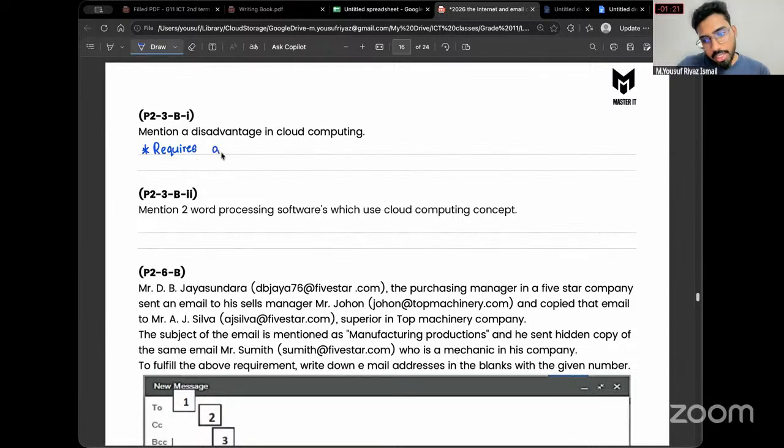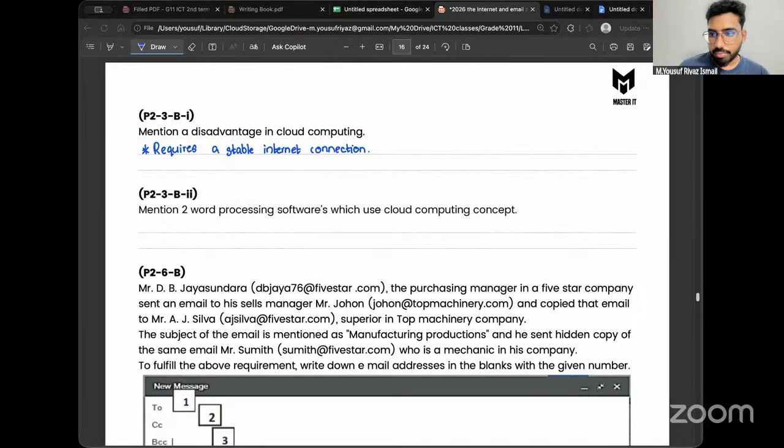Yes, it requires a stable or a constant internet connection. Because if you don't have a proper internet connection, then you will not be able to obtain the majority of the cloud computing services properly. So the requirement of a stable internet connection is the disadvantage we have.